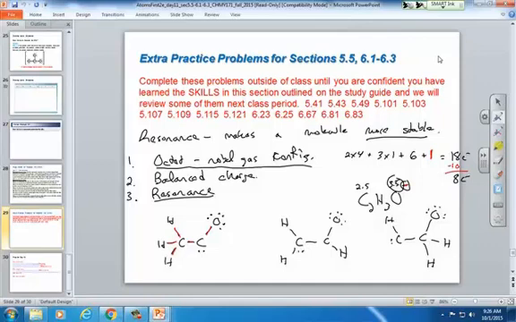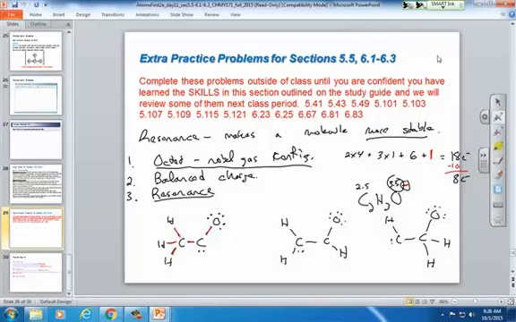Yeah, what's wrong with this third one? Okay, well that's not necessarily a bad thing. So just because one carbon has more atoms bonded to it and the other carbon has fewer, doesn't necessarily mean it's going to be less stable, right?